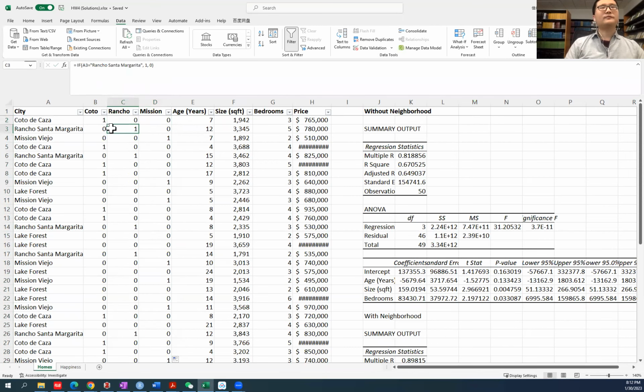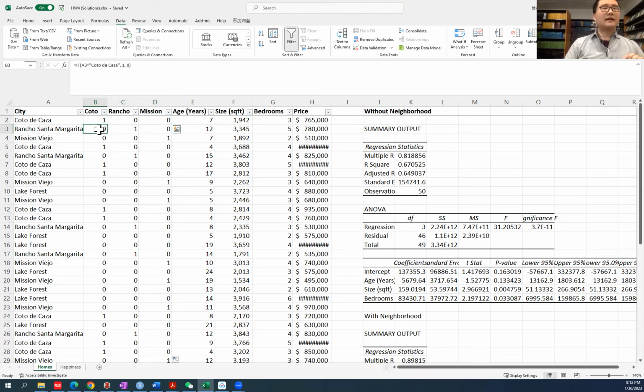So let's see what these indicators actually represent. For a house that's located in Coco de Casa, this indicator equals 1, whereas both of the other indicators equal 0.